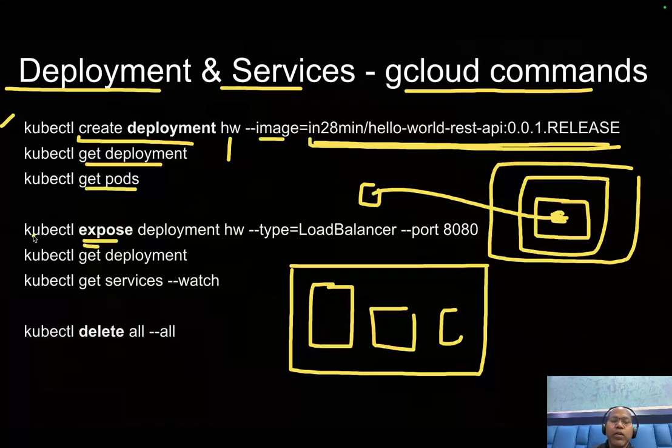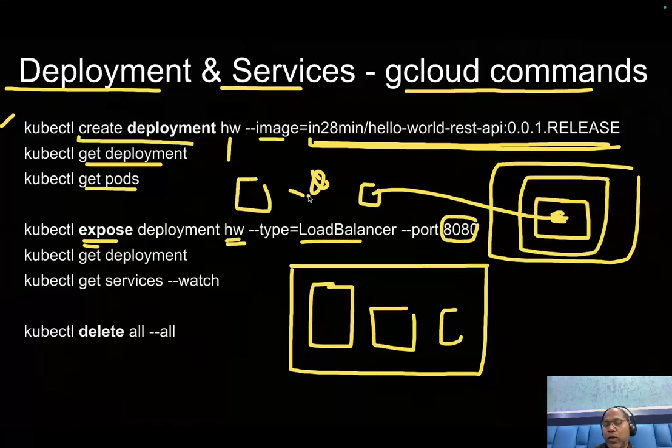So you say kubectl expose, and say, hey, this is my deployment, this is the deployment name, and I want a load balancer type of service. And here specify your port 8080. Now the customer can use this port 8080, and they expose one public IP, the public IP and the particular port.